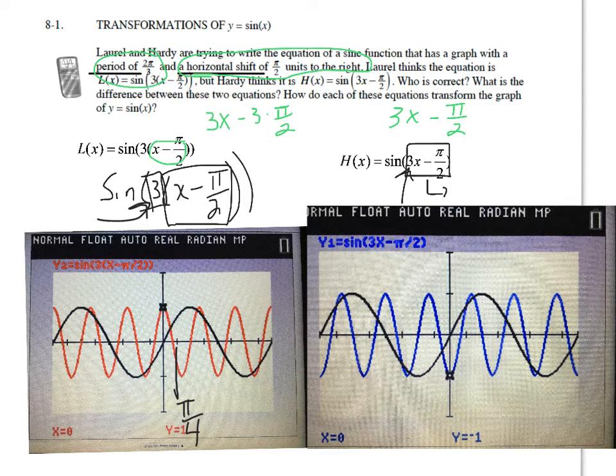Now let's see what we have for Hardy's equation. Again, in black, the sine function. Now the blue function starts at a minimum on the y-axis, and it also completes 1, 2, 3 cycles.